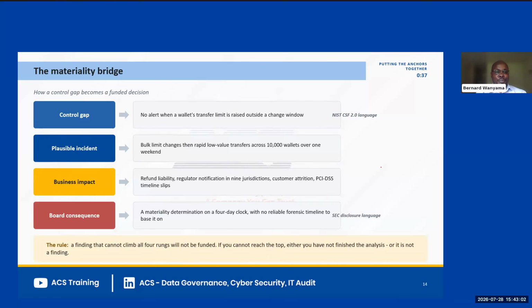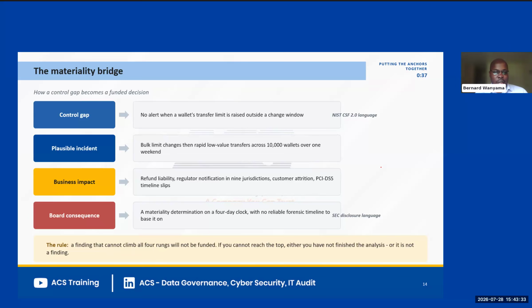Right, so here we're looking at a situation where we have a control gap that must go right to the board of directors. The audit committee must receive this finding or this observation and be able to act on it in a way that they understand and the way that will give back value to the organization.